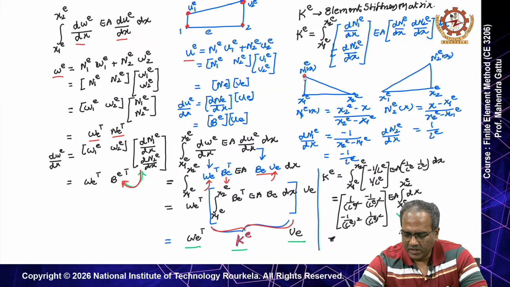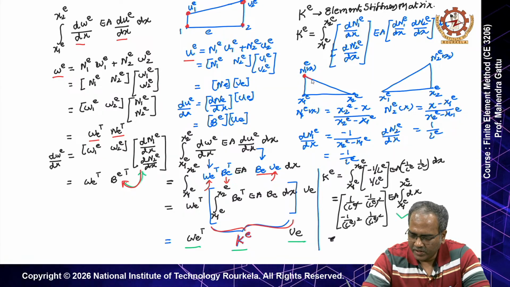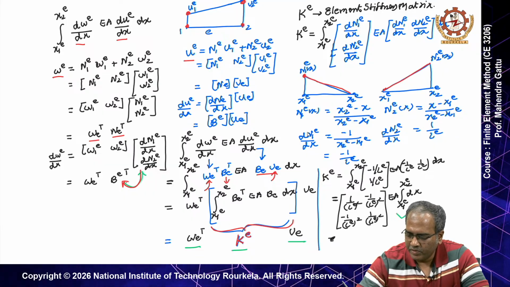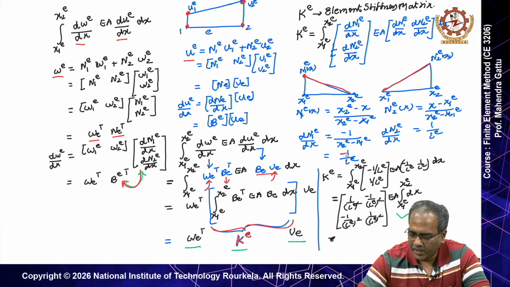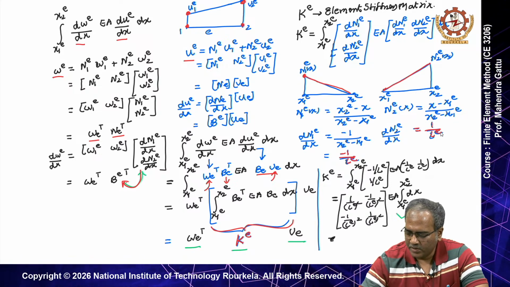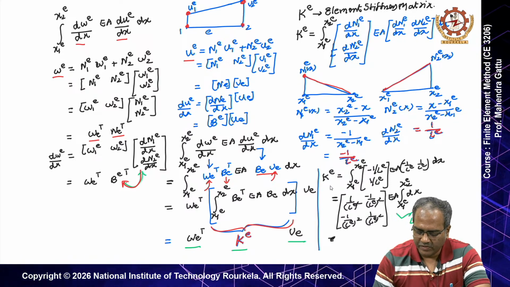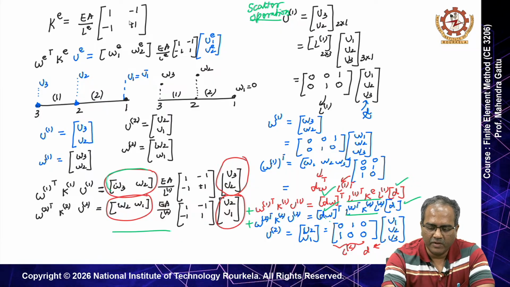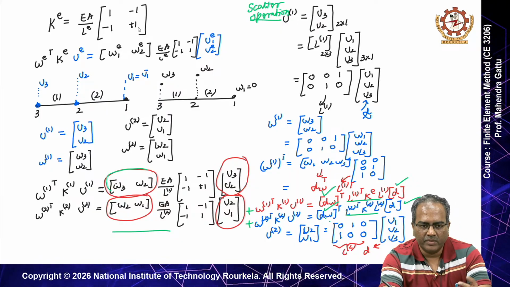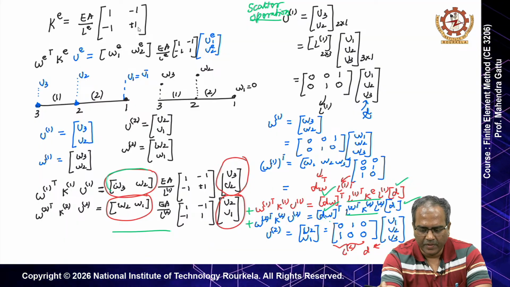The shape functions N1e of x and N2e of x are given here. If you take the derivative with respect to x, we get minus 1 by Le for dN1/dx, and for dN2/dx you will get plus 1 by Le. If you substitute it, we get the element stiffness matrix, which is EA by Le times [1 -1; -1 1], similar to what we had done in the earlier direct approach.